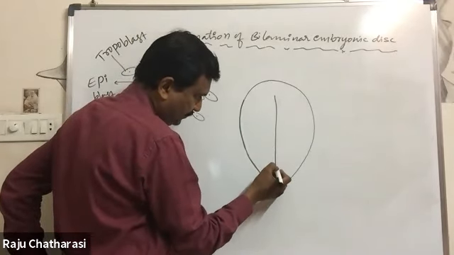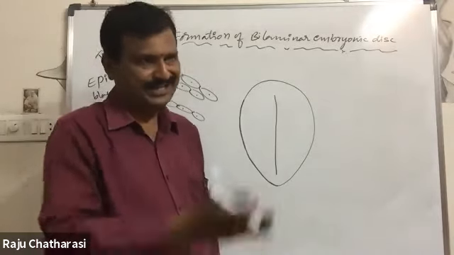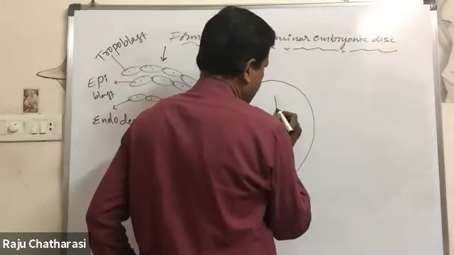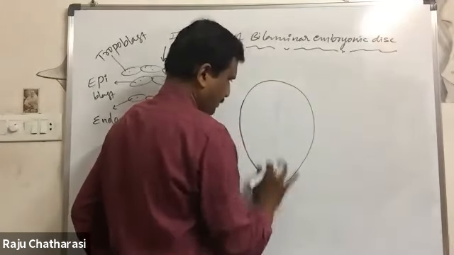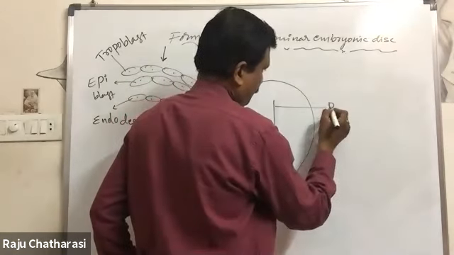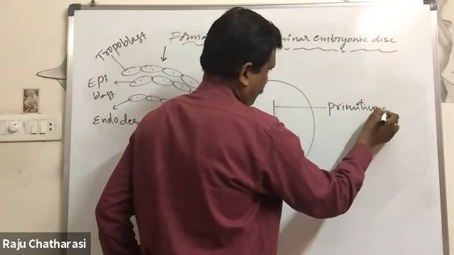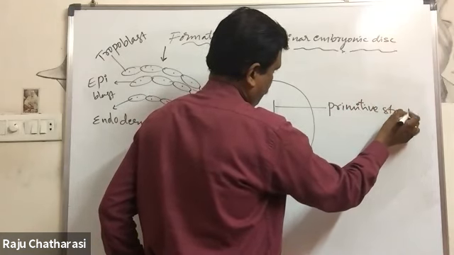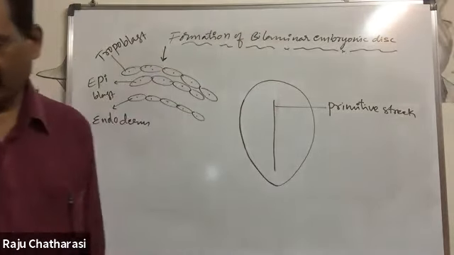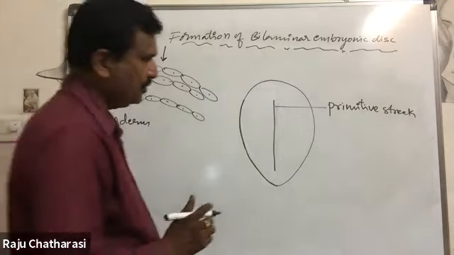This is called the primitive streak, just like a line. Now a middle line appears. It is called the primitive streak.